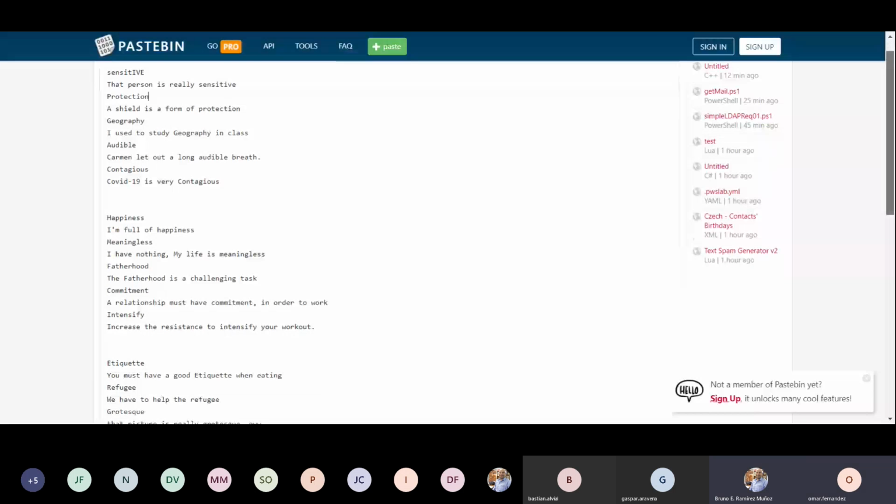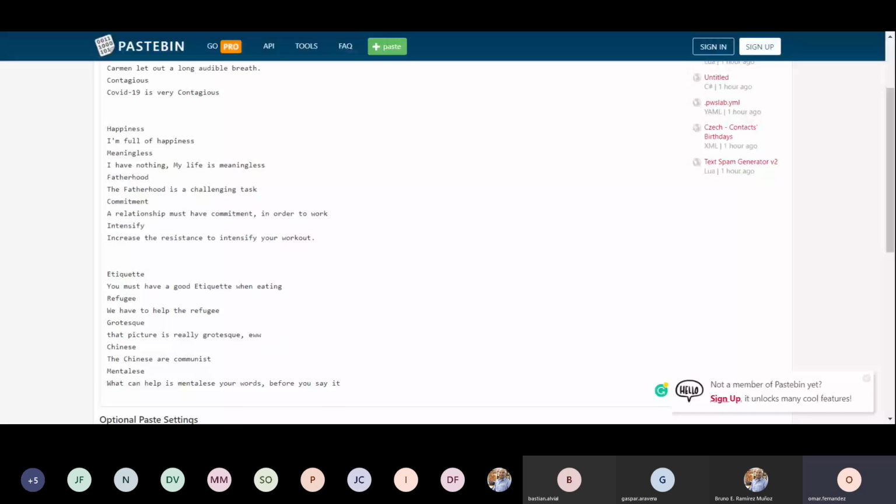Then the second part, which was the first, with ness, and I added happiness, and I'm full of happiness was the sentence. The second was with the suffix less, and I added meaningless, and I wrote the example: I have nothing.